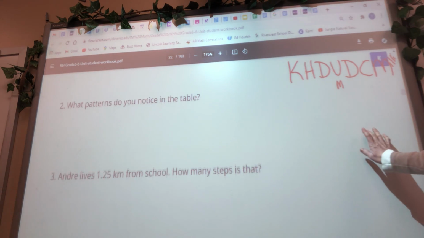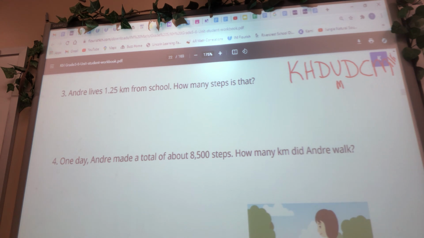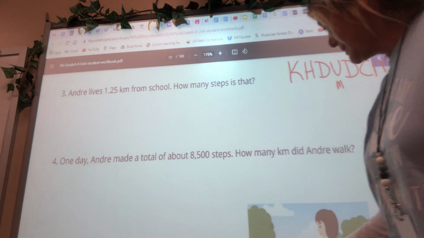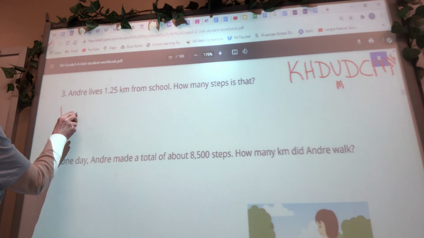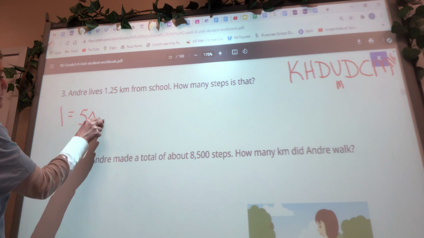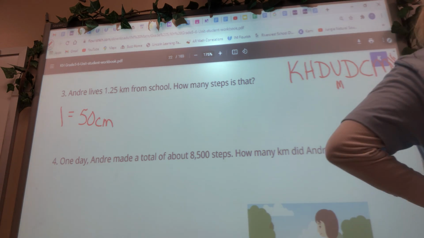Okay, Andre lives 1.25 kilometers from school. How many steps is that? Well, let's think about that for a minute. One step, remember up there in number 1, it told us that one step is equal to 50 centimeters. So let's think about that.